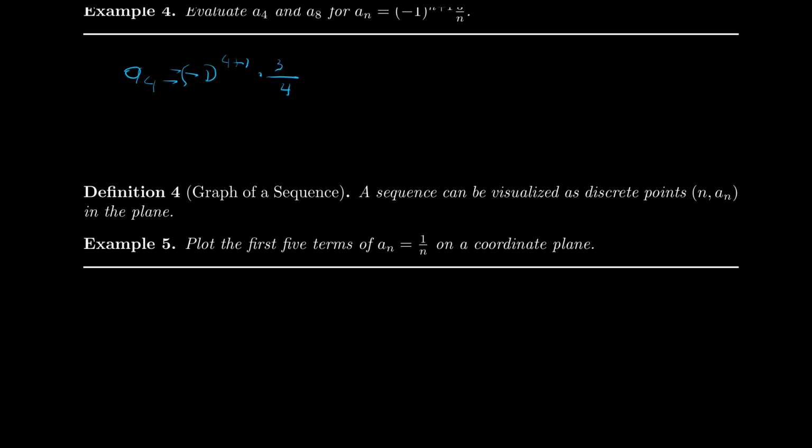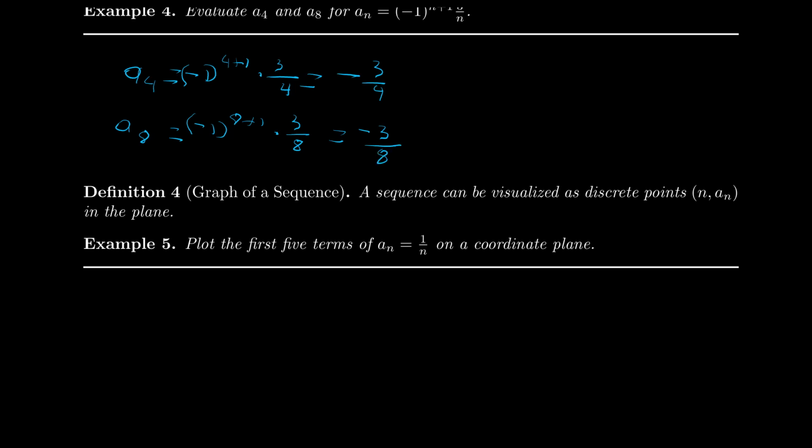When we plug all that in, we're going to get a negative, because that's negative 1 to the 5th, negative 1 to an odd power, so the alternator is negative, times 3/4, which is, well, negative 3/4. And then a sub 8, of course, is going to be the same sort of thing. It's going to be negative 1 to the 8 plus 1 times 3 over 8, which is going to give us, of course, negative 3/8.